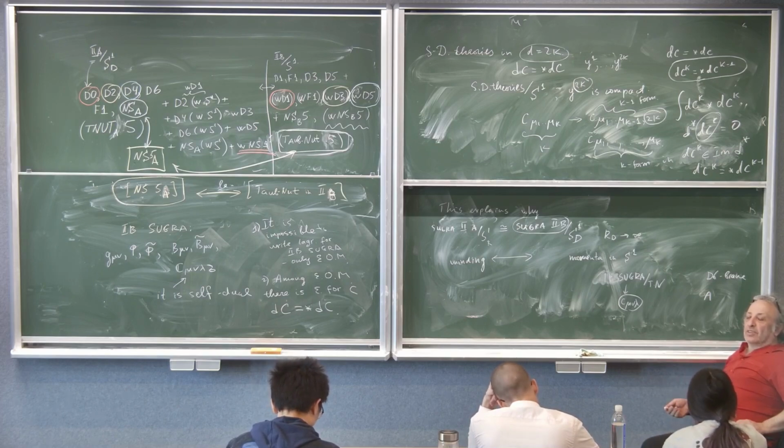Would I get a contradiction out of it? And I have another axiom: that M theory, that is, eleven-dimensional supergravity compactified on a circle, is the type 2A string. And I'm looking for contradictions.